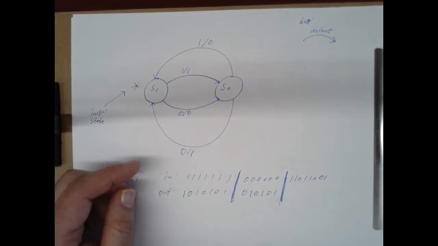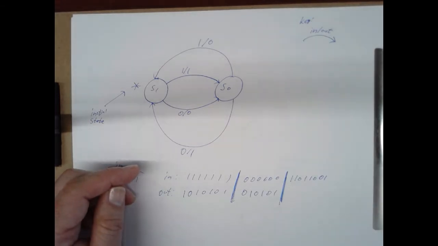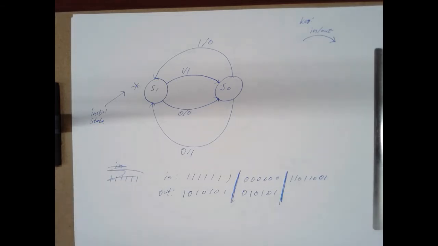Say again? You see a pattern? Oh, yeah, it's like essentially a current state. So you're always going to alternate every even bit. Right.